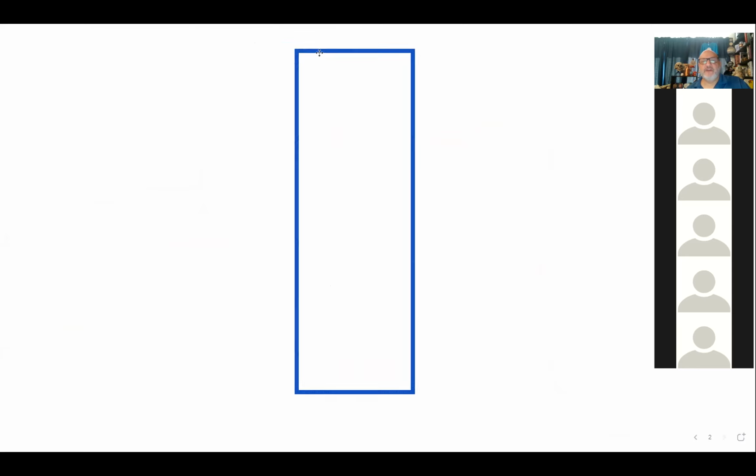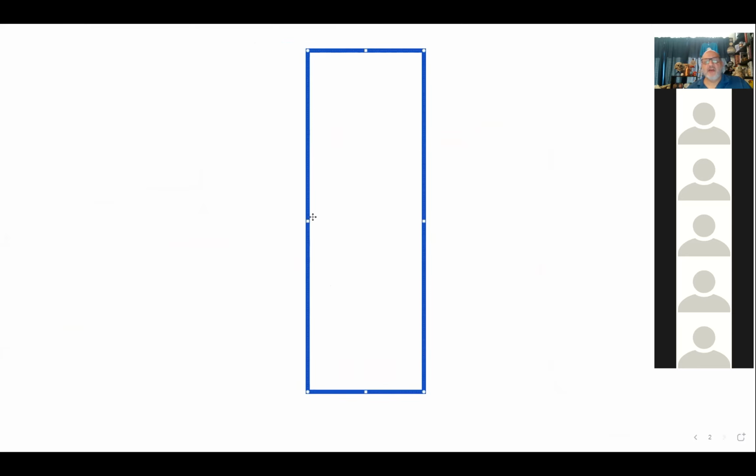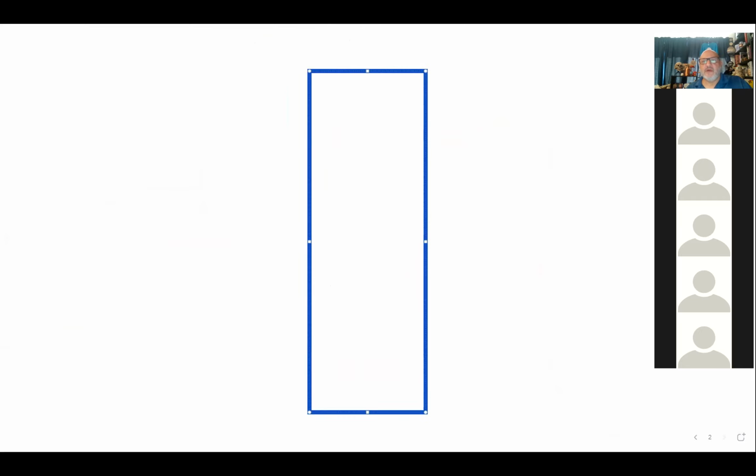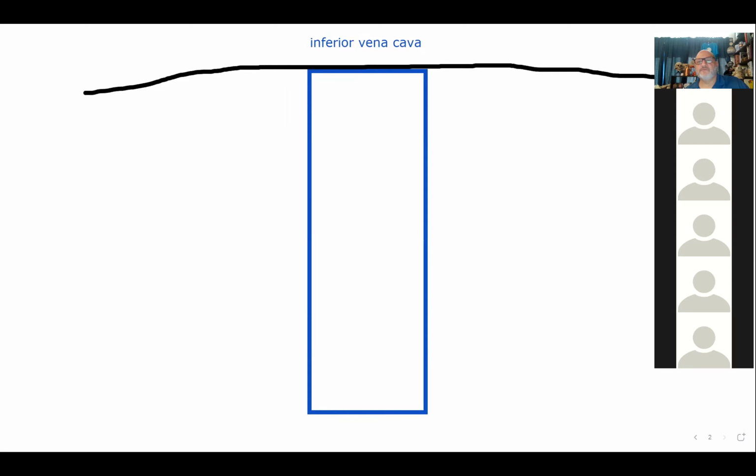Obviously, the big blood vessel that is going to drain blood from the abdominal pelvic cavity is the inferior vena cava. And of course, it has to pass through the diaphragm. So we can go ahead and draw our diaphragm again as well. And we know it's going to continue up beyond that to the heart, feed into the right atrium.